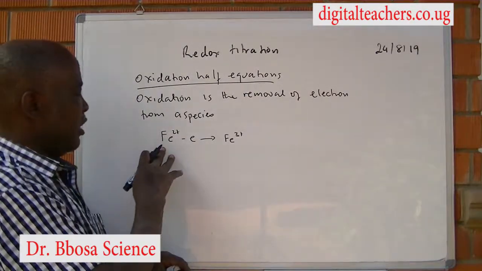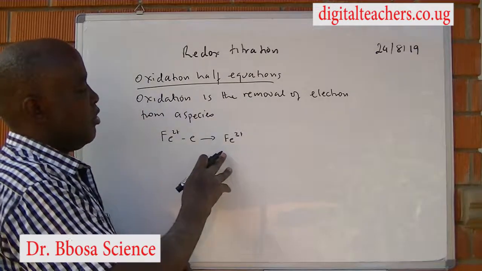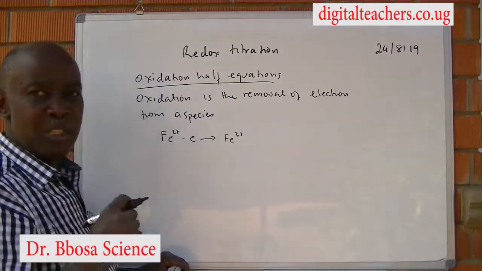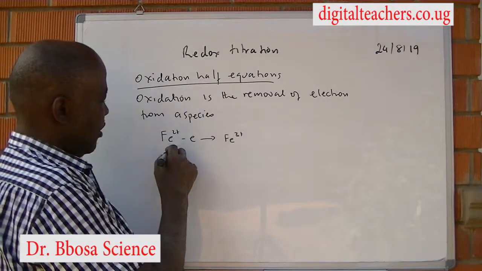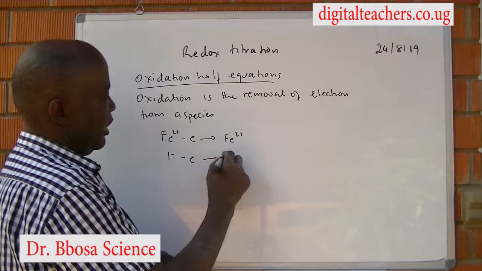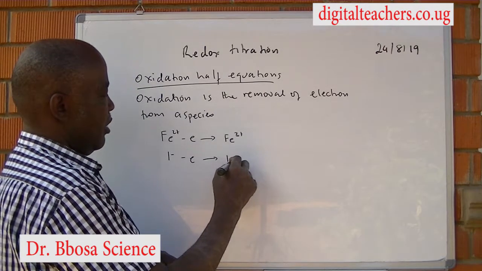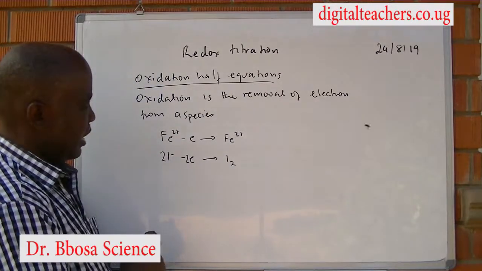When you remove an electron from a species, its oxidation state becomes more positive by 1 unit. Then iodide minus an electron, you get iodine 2. Minus 2 electrons, you get iodine.